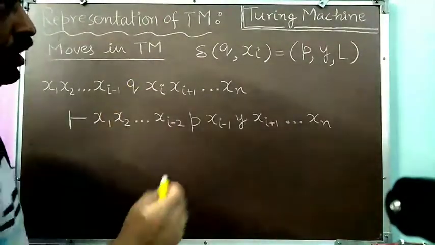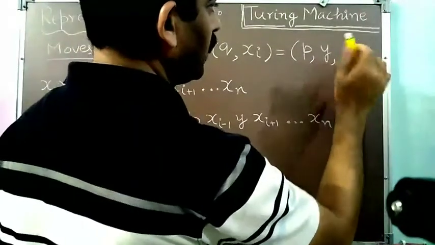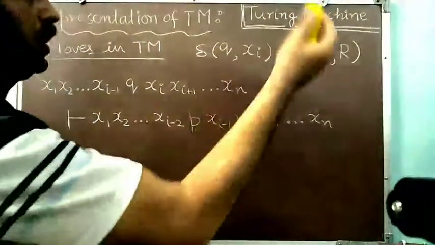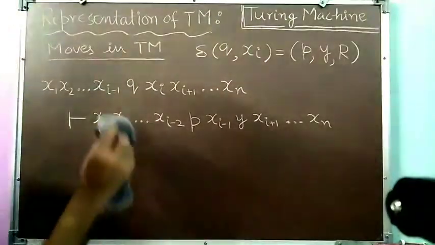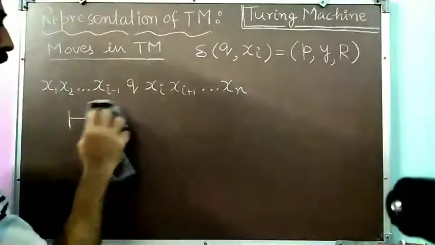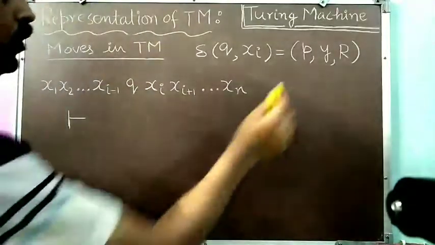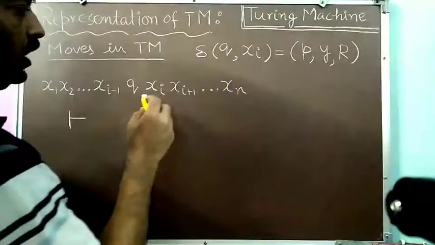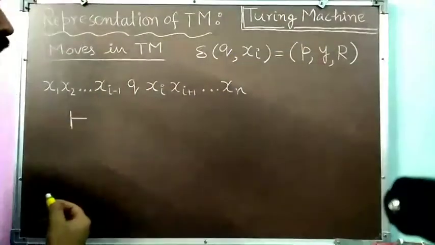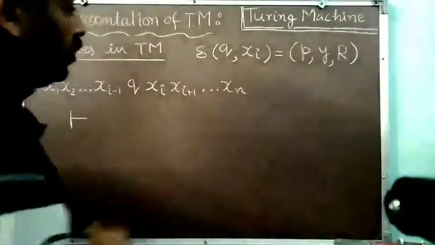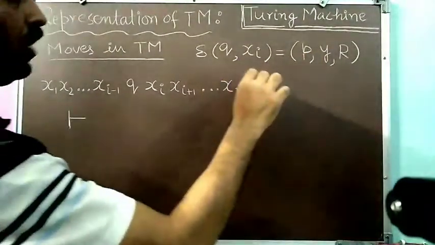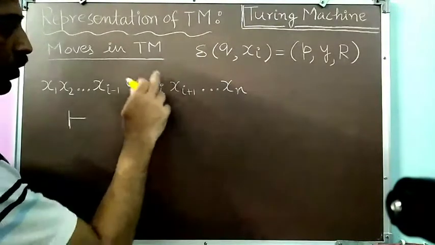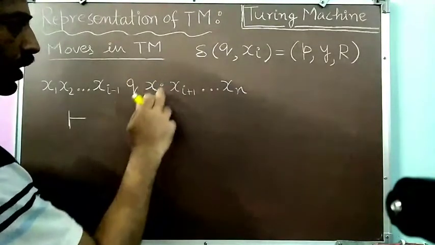Now suppose in place of L, R is there. Suppose delta(q, xi) = (p, y, R). What should be the new ID? The ID before this transition takes place will be the same one. Now in place of q we will write p, in place of xi we will write y, and we have to move one position right. So xi plus 1 becomes the current symbol under the read-write head.